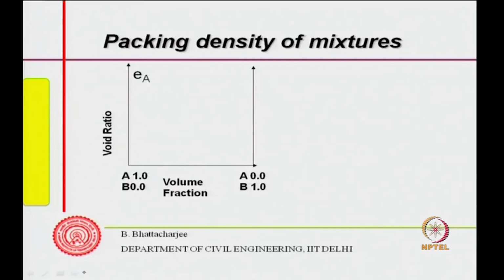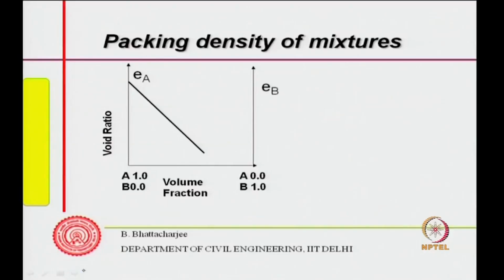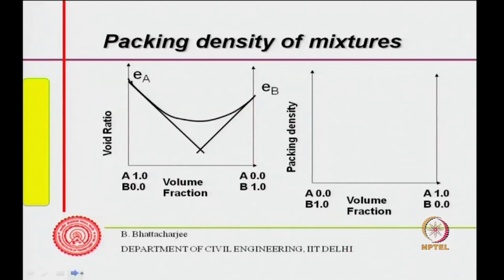You remember the void ratios, we said that e_A is the void ratio of A and e_B is the void ratio of B, and when you mix them together, theoretically speaking, the void ratio should reduce as the volume fraction changes, and there is a minimum point. In the real situation the void ratio varies in this manner, but the minimum is more or less the same as corresponding to the straight lines that have been shown, and this is what we have discussed earlier also.